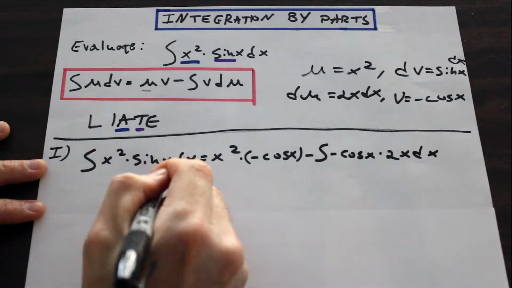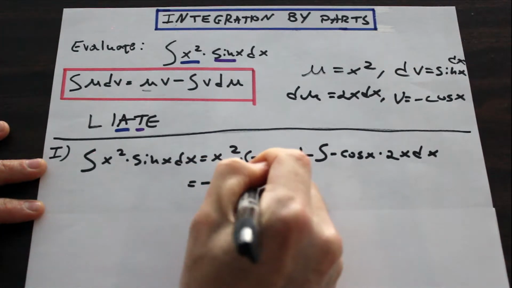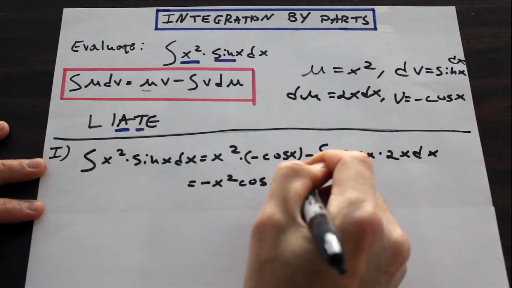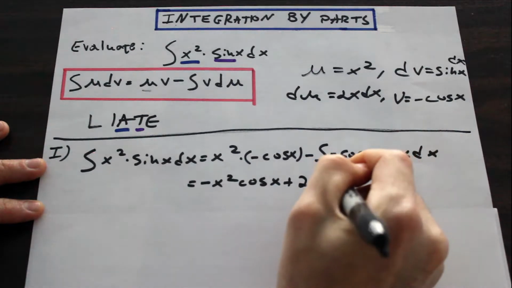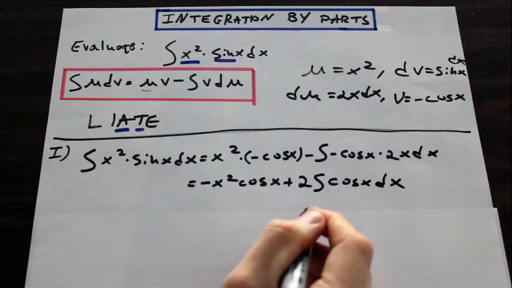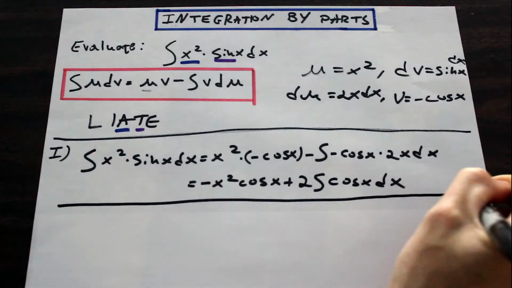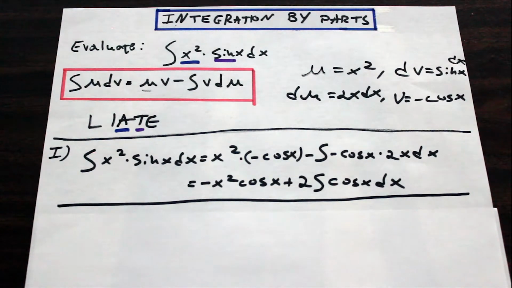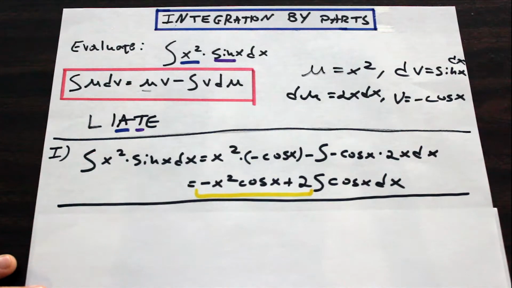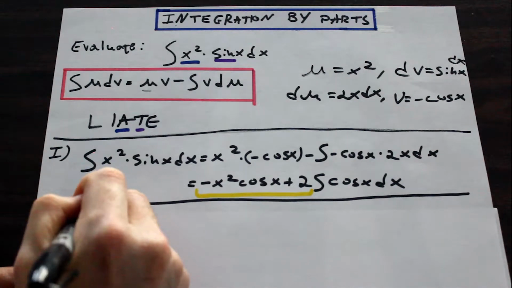And if we clean this equation a little bit and rewrite it again, we get negative x squared cos x positive, and we can also take the 2 out, positive 2 integral of x cos x dx. And this is something that we can work with. So as you can see, we will need to do integration by parts again to get the answer here. And something important that we always need to do is mark what needs to go into the final answer, so we won't forget. And now with that we can continue to the next stage.